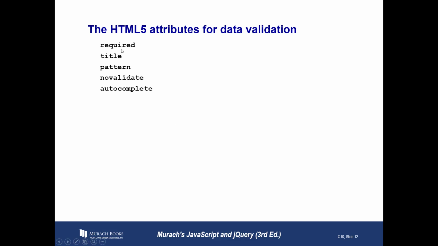We've talked about required. I believe title is used mainly, I could be wrong here, I think it'll give you a tooltip. And I believe it's also used for browsers for people, like say for the blind. All right. Patterns that you can use with regular expression patterns. So if I wanted to set up a pattern for a phone number or a zip code. The novalidate, I think you can tell it to skip validation, and the autocomplete to do just that.